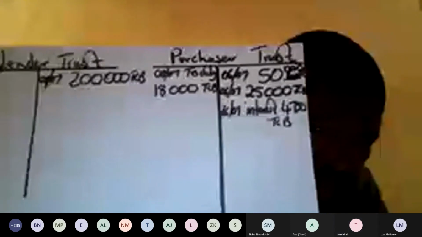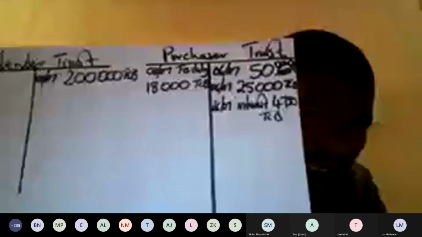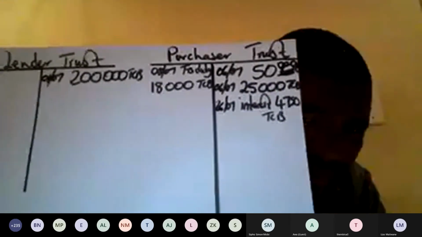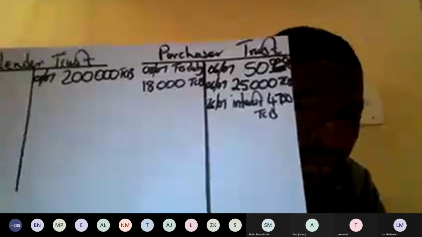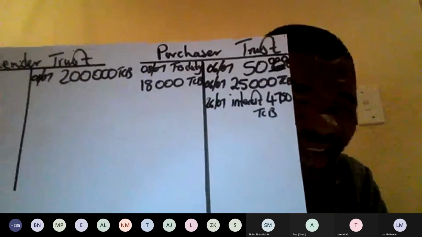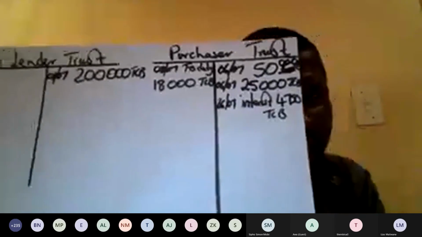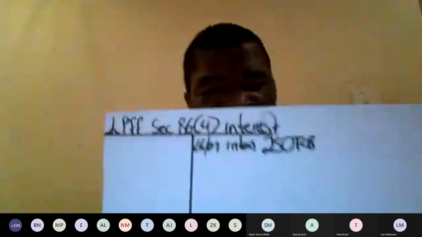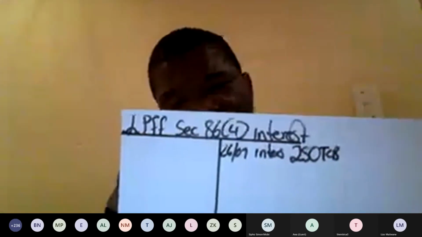And then we say, what do we do with 5%? The 5% we calculated to be 250 rand. What do we do with the 250? The 250 must be credited to the Legal Practice Fidelity Fund Section 86.4 interest account. That's when we went and opened this Legal Practice Fidelity Fund Section 86.4 interest account.